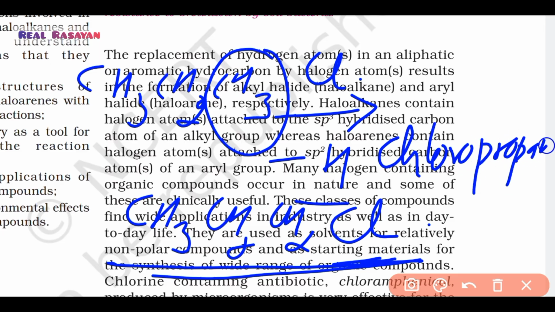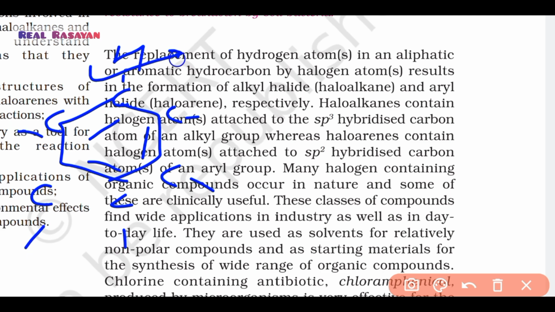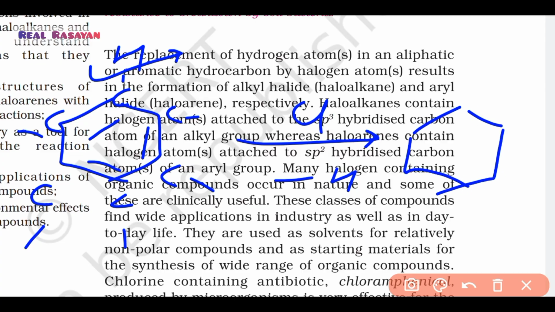In the same way, for this cyclic ring having carbon atoms on the corners attached with hydrogen atoms, if one hydrogen atom is replaced with a halogen atom, it will be chlorobenzene.